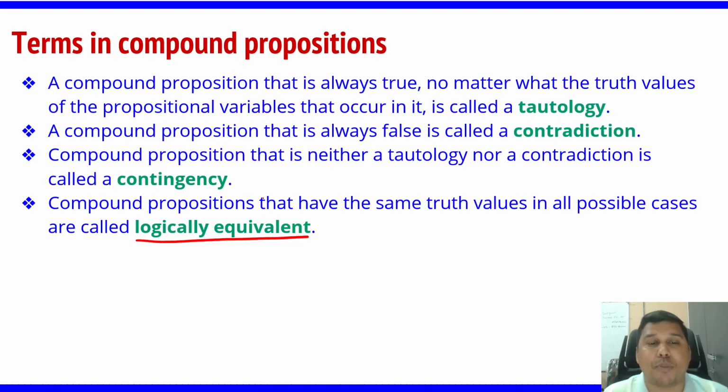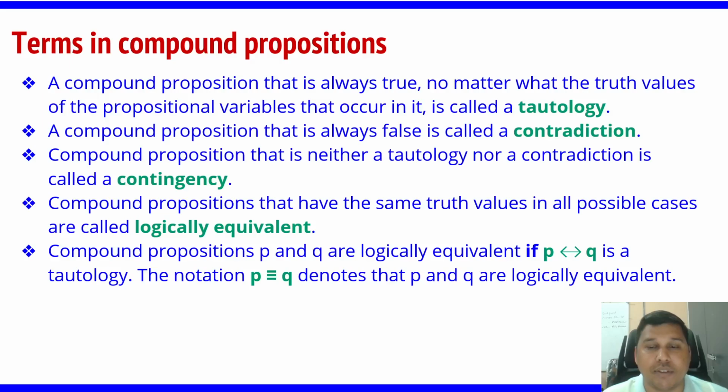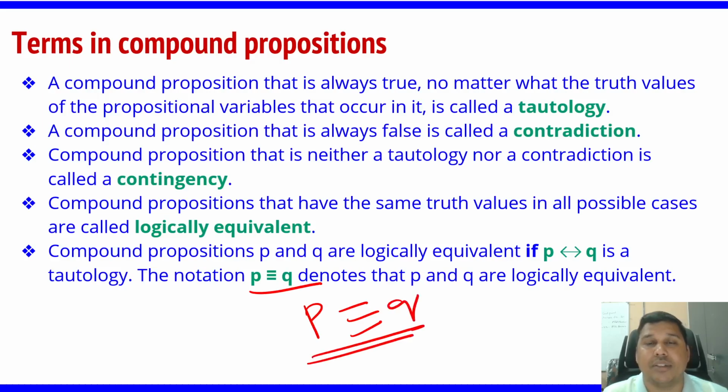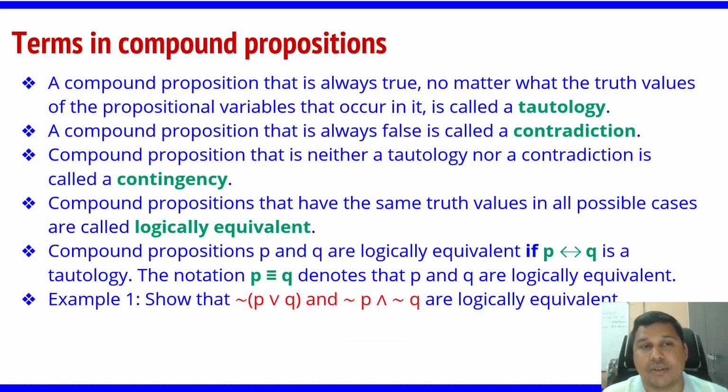Compound propositions that have the same truth values in all possible cases are called logically equivalent statements. We represent it like this: P with three equal to symbols. This is called logically equivalent.